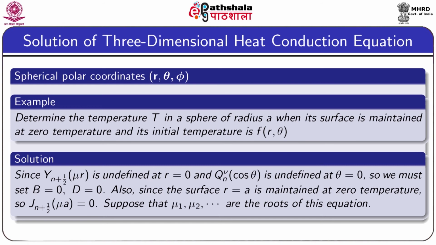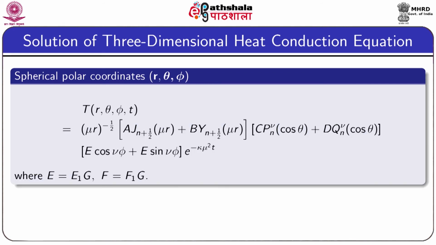If we look at this solution, this is the Bessel function of second kind. We know that the Bessel function of second kind is not defined, or is unbounded, at r equals 0.